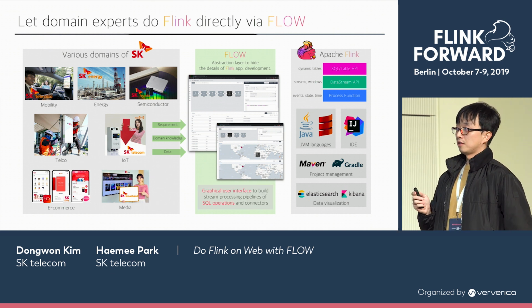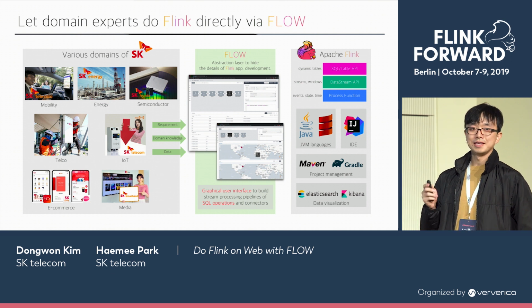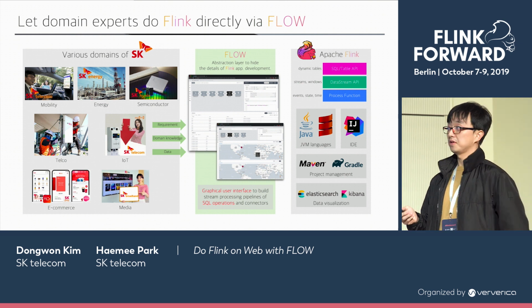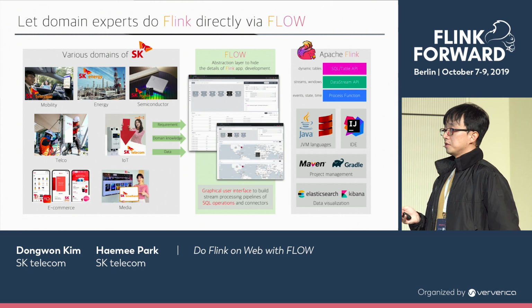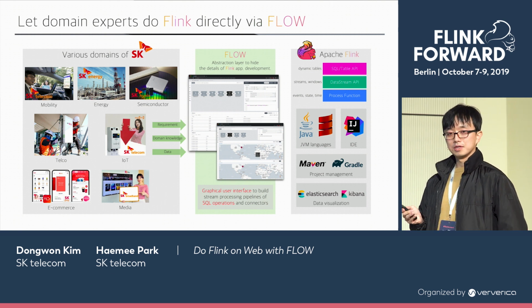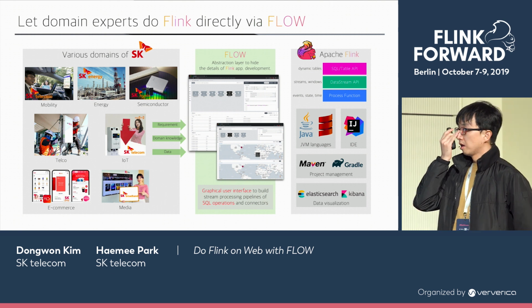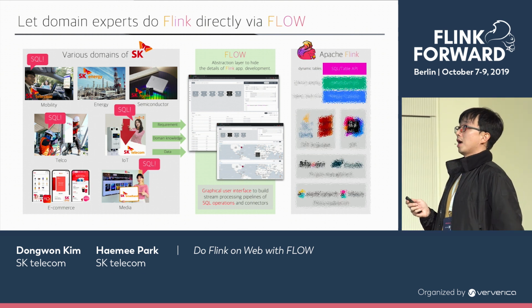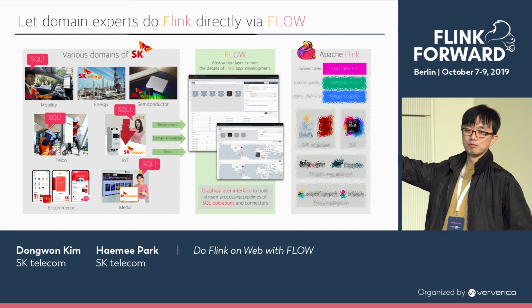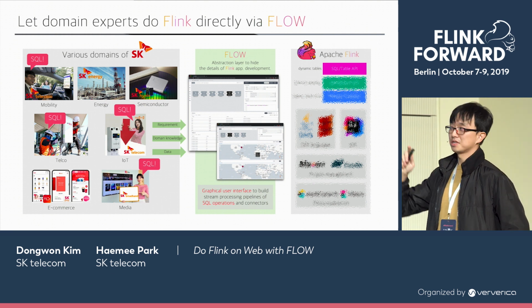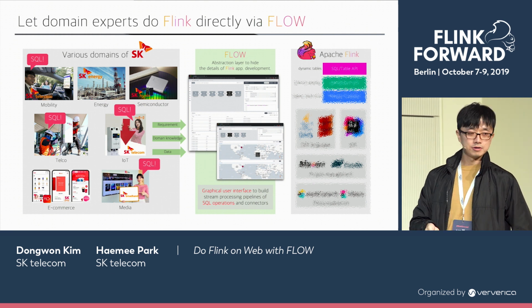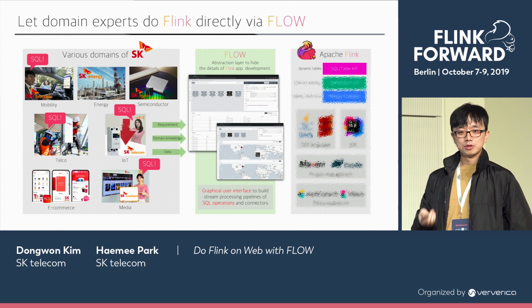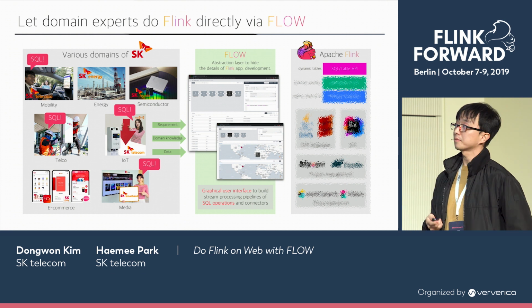The most distinguishing feature of Flow is its easy-to-use graphical user interface, where users can build stream processing pipelines consisting of SQL operations. Because everyone knows SQL, and Flow will hide all the details of Flink app development. So in coming years, we are expecting much wider and faster adoption of Flink in these domains.